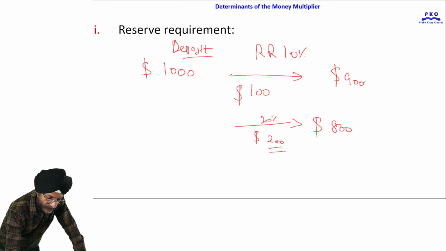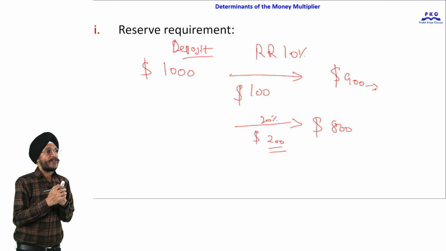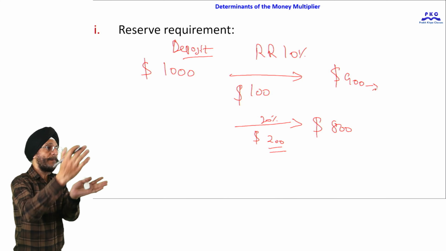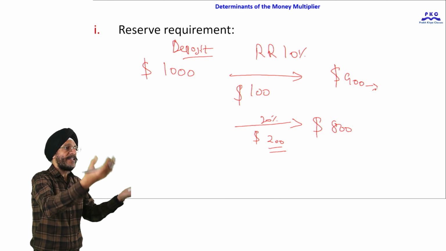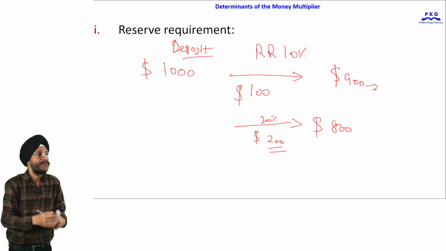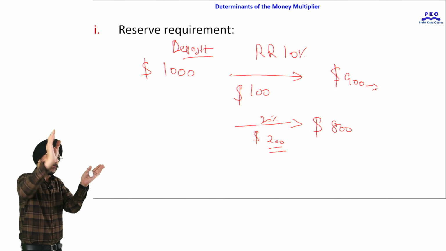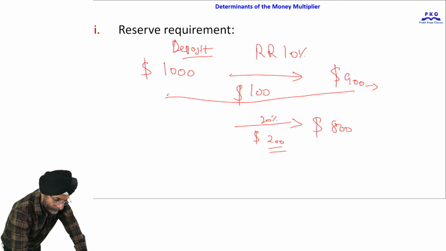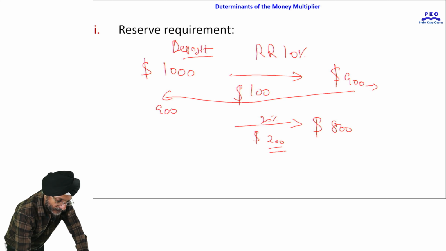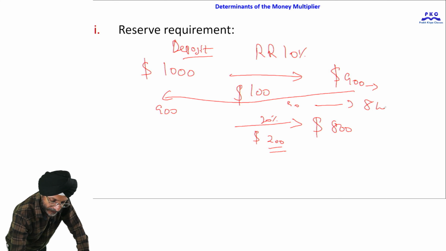When this $900 is given as loan, this amount will be used by the person receiving it for purchasing goods, availing services or paying back debts. This amount again gets deposited into the banking system, and again keeping reserves of 10%, the bank will create $810 as loan. This is the first case.